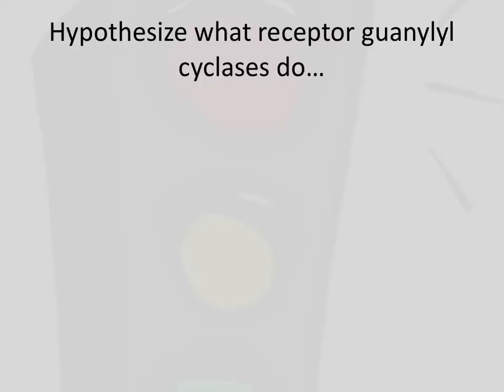It wasn't guanylyl cyclase, but it was adenylyl cyclase, and adenylyl cyclase made what compound? cAMP. So hypothesize, what do you suppose guanylyl cyclase is going to make? cGMP. So that's why it's the guanylyl. It's made off of the guanosine instead of the adenosine.